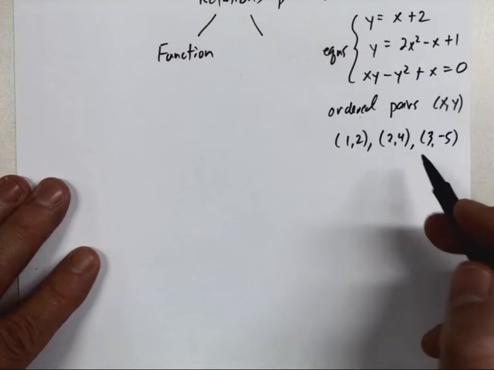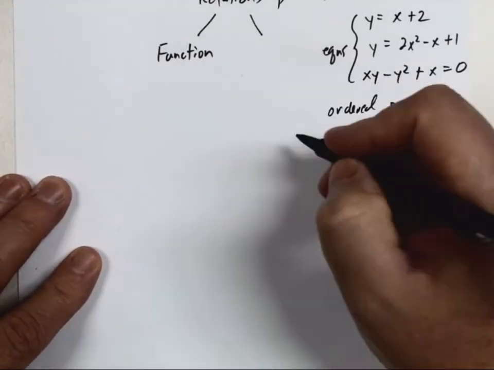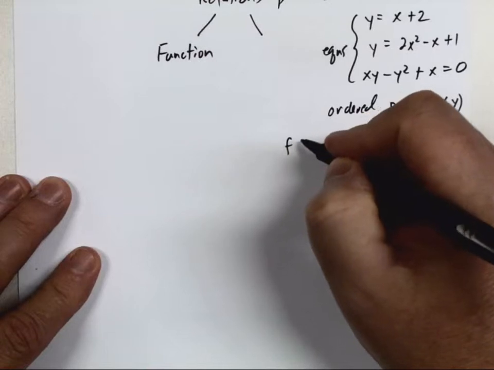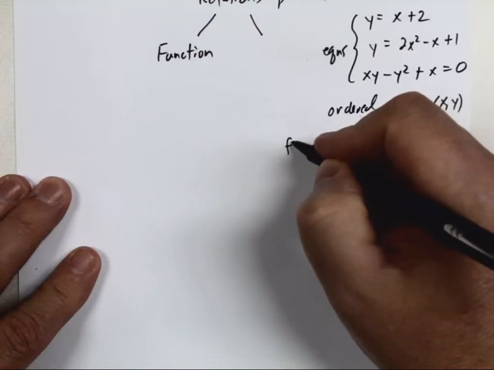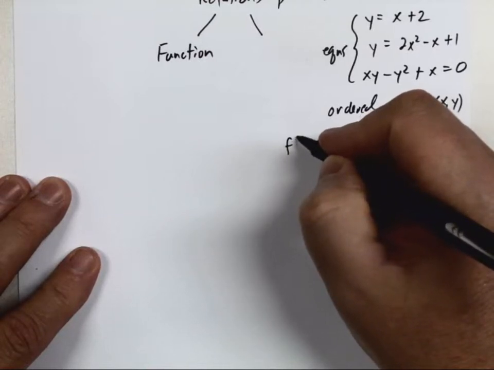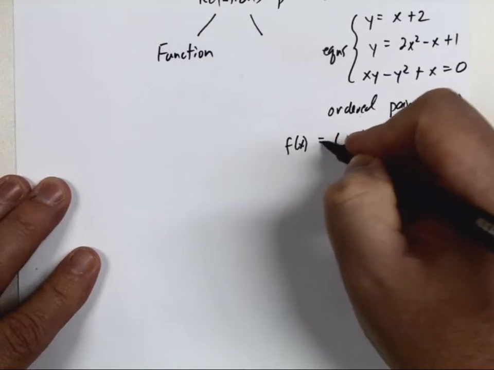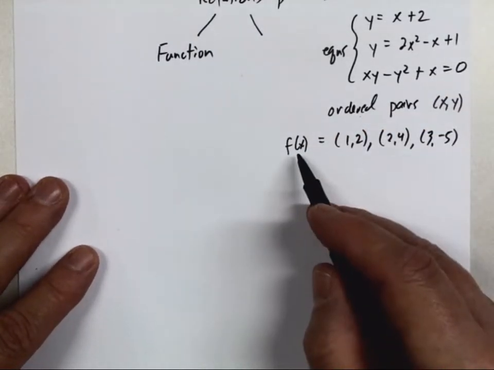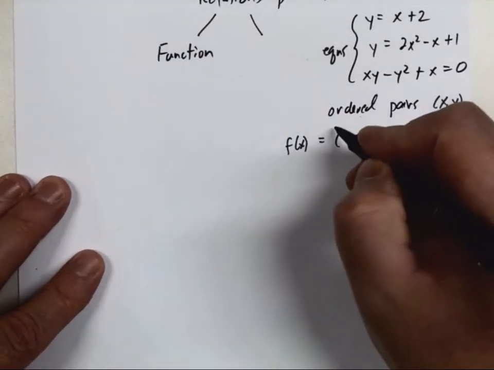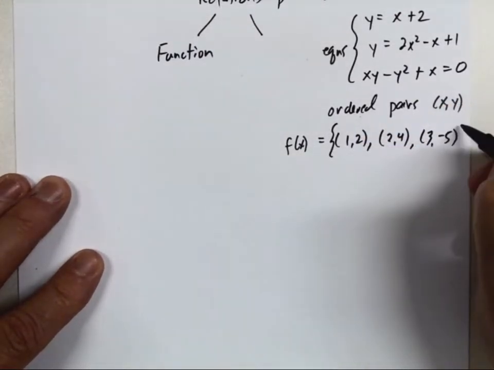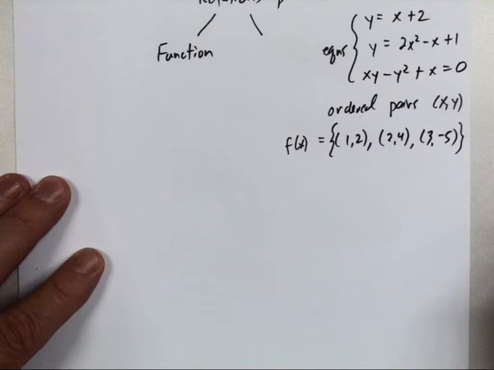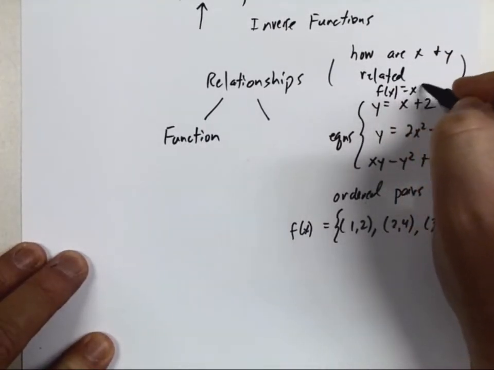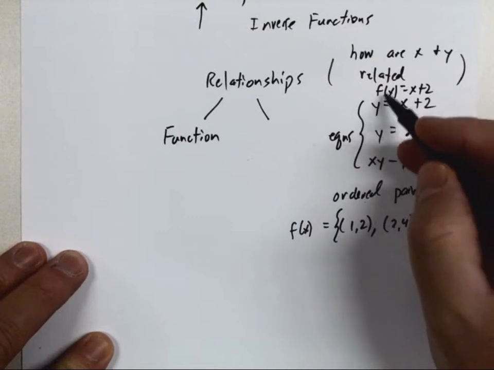As a matter of fact, if I call this f of x, although I'm not saying this is a function. This is just f of x. It may or may not be a function. A lot of times, up here, we like to write f of x equals x plus 2, replace f of x with y.